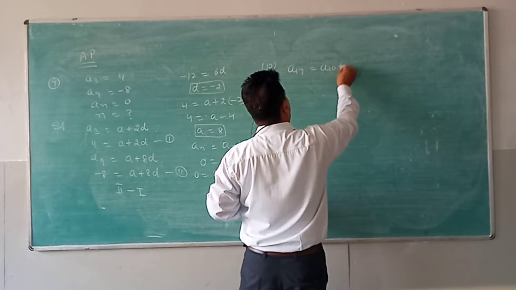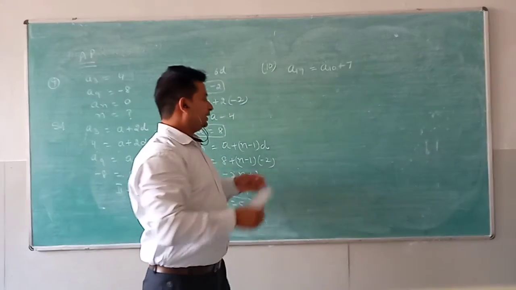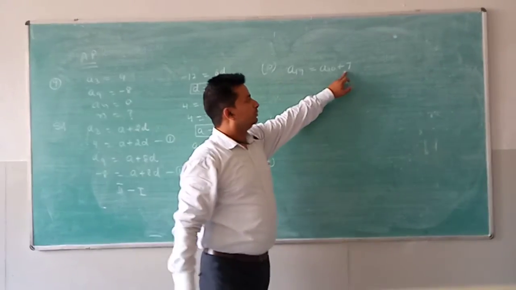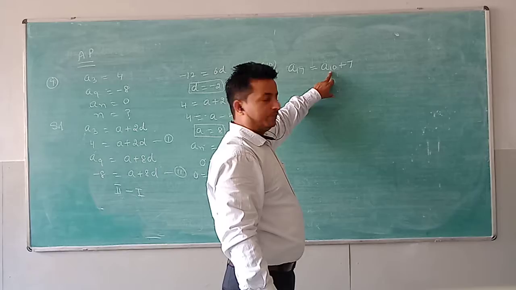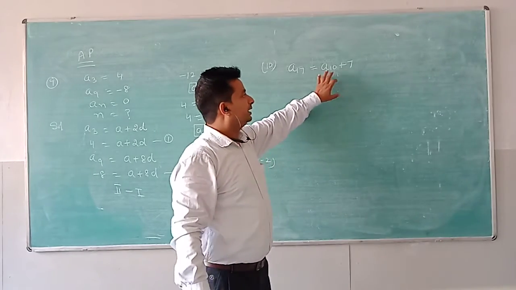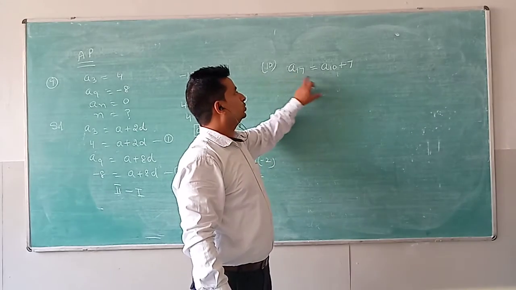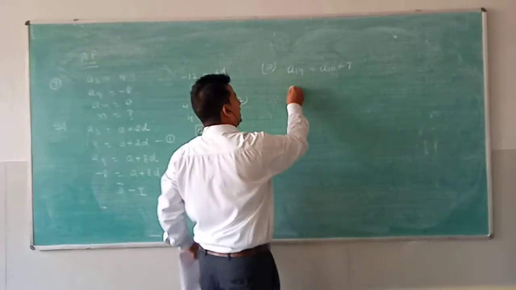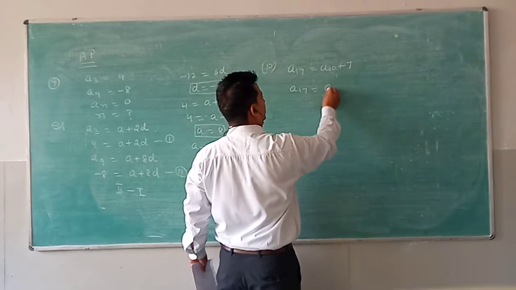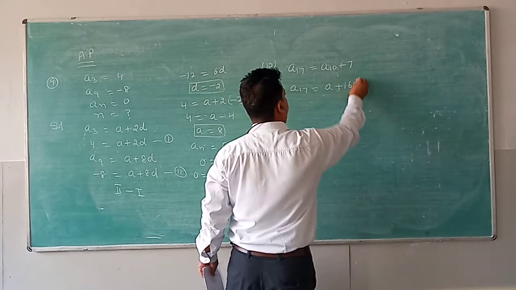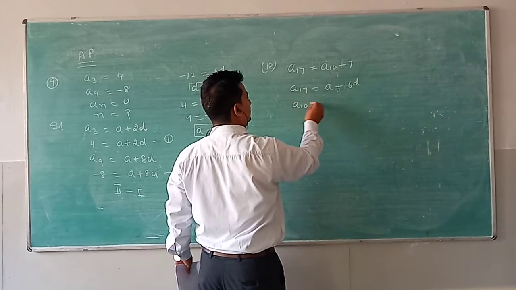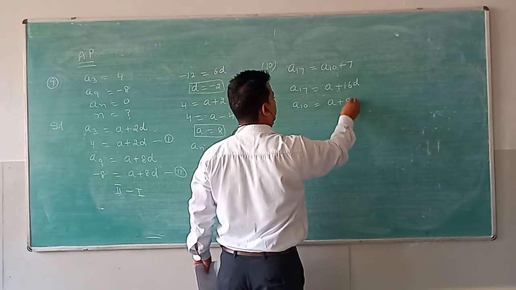In question number 10, the 17th term exceeds the 10th term by 7. This means the 17th term of an AP is 7 more than its 10th term. If we add 7 to the 10th term, then these two terms are equal. As we know, a17 is a plus 16d and a10 is a plus 9d.